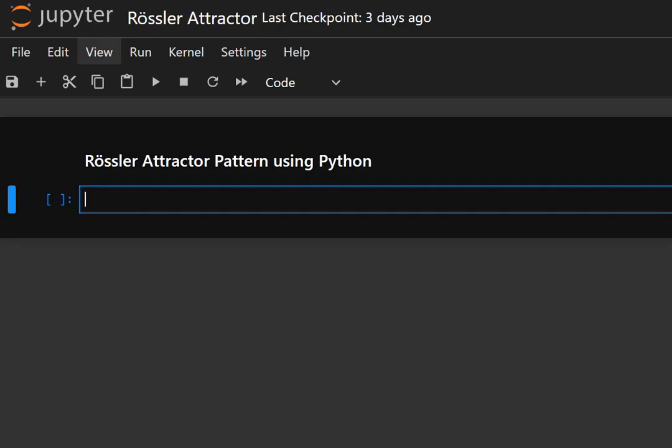In this video we are going to create a Rossler attractor pattern using Python. So let us start by importing the required libraries.